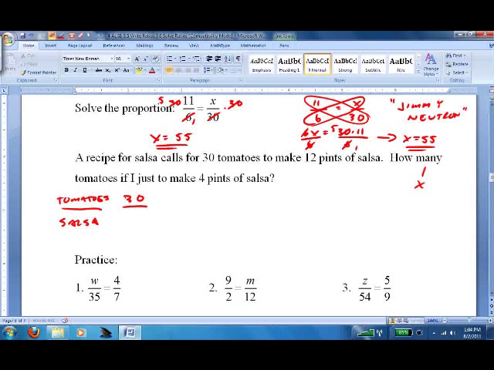So 30 tomatoes to make 12 pints of salsa, and we don't know how many tomatoes to make 4 pints. Again, we could just multiply by 4 on both sides. 3, 1, x equals 30 over 3 equals 10 tomatoes.